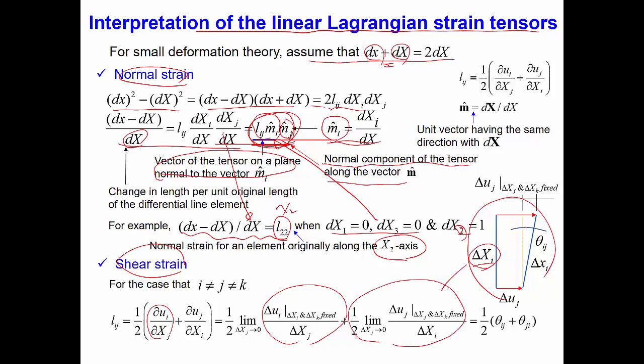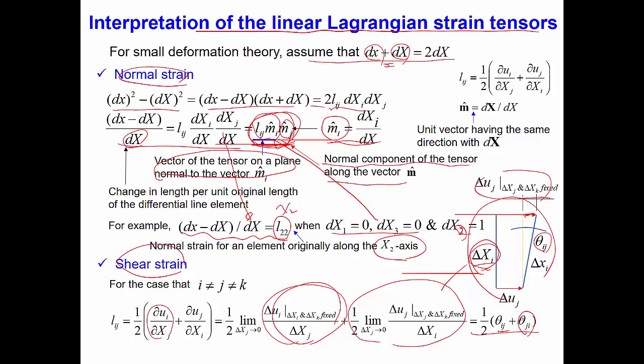The difference of the jth component of displacement between two endpoints divided by this length means tangent theta ij, which is equal to theta ij in linear elasticity. In the same way, we can express the other term as theta ji over 2.